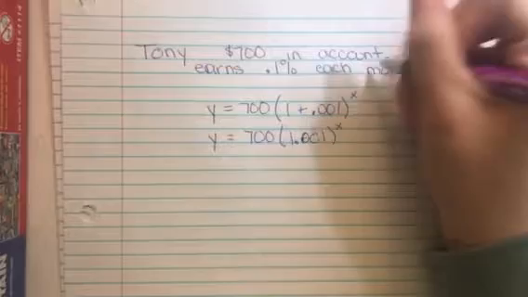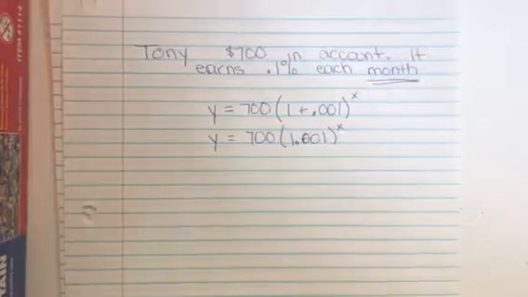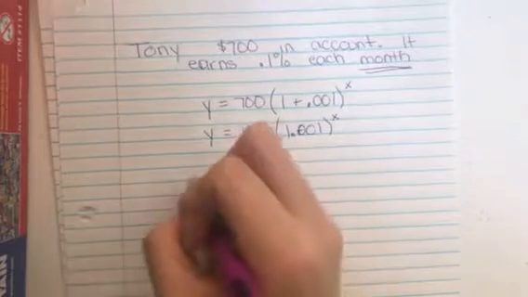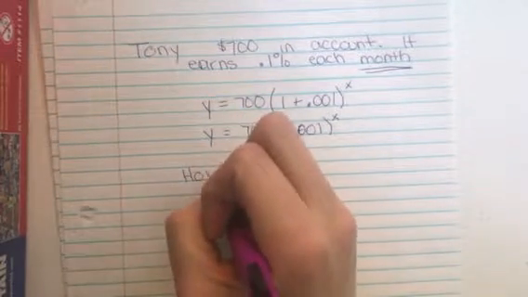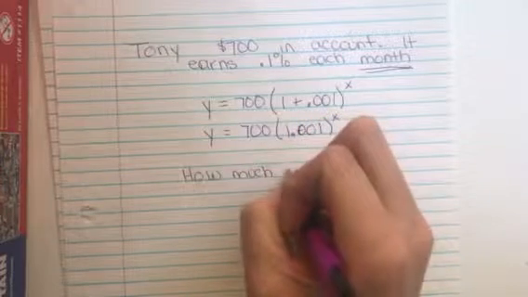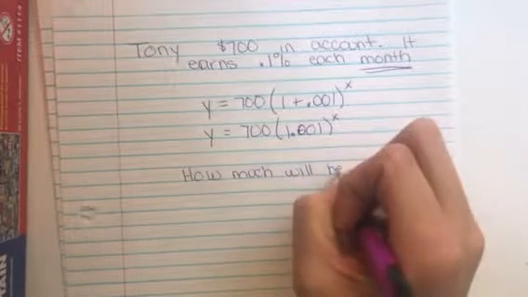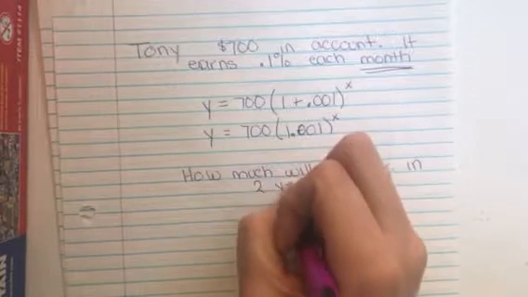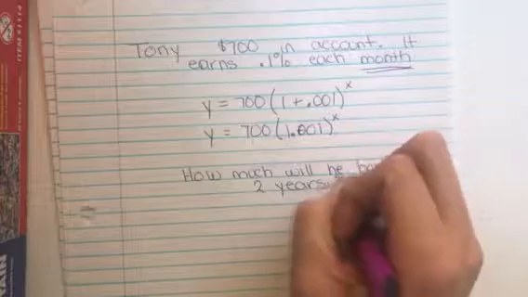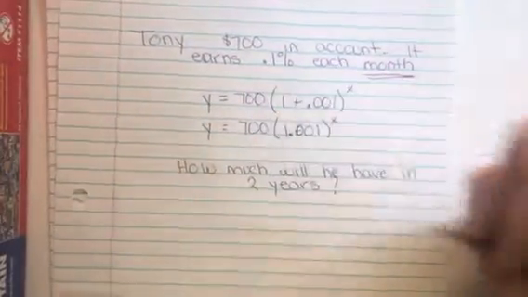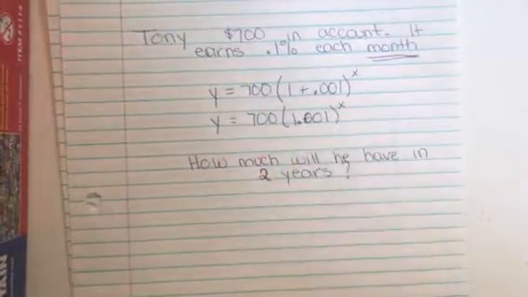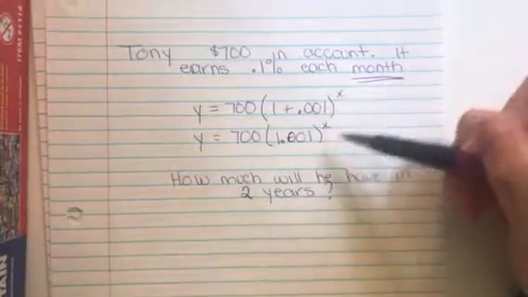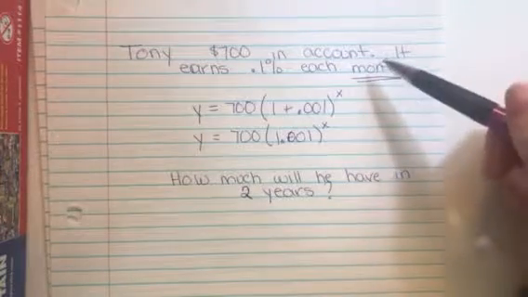Now we have to be careful because this is talking about months. So if I now want to calculate how much Tony's going to have in his account after 2 years, right? How much will Tony have in 2 years? We're going to have to deal with the fact that the information that's given to us is in months, but the question's being asked of us in terms of years, which means we don't want to plug 2 into our equation because 2 will represent 2 months.